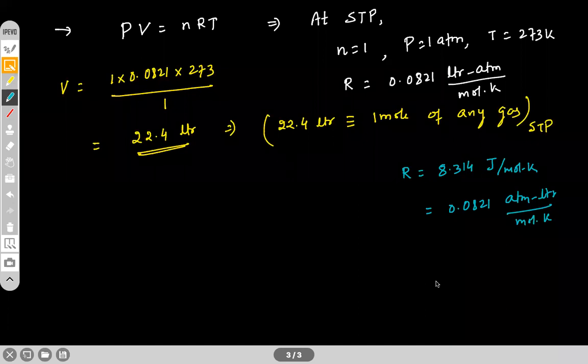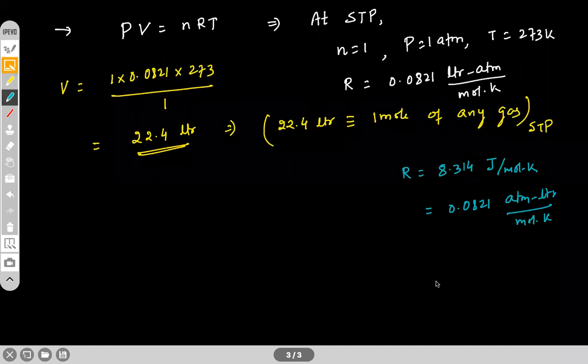See, when we write down the equation of state, PV is equal to nRT. We can derive this also with the help of various gas laws.